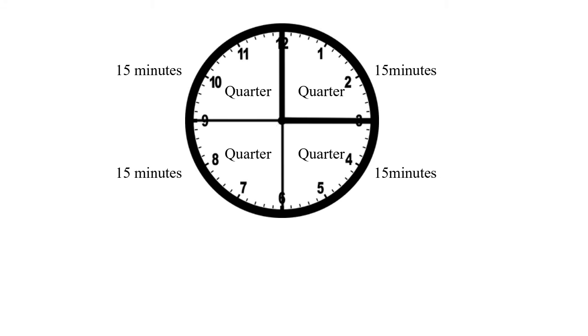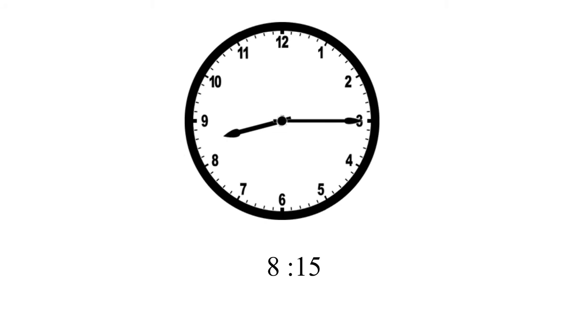When we say we split things into quarters, that means we split into 4 parts. Since each part is 15 minutes, we use the word quarter. So, for 8:15, we can read it as quarter past 8. Remember, when the minute hand points at 3, we use the word quarter past.